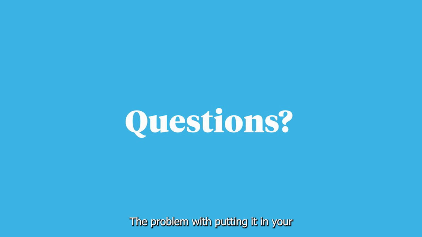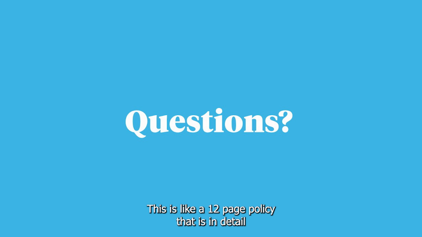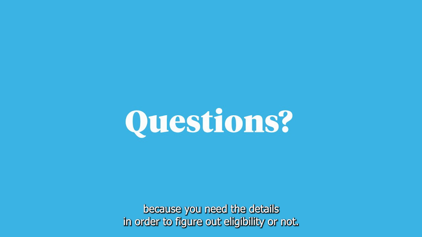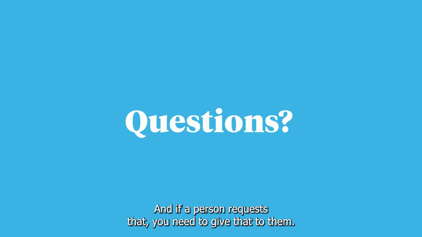The problem with putting it in your handbook is that this is a long policy, like a 12-page policy, in detail, because you need the details to figure out eligibility. And if a person requests it, you need to give that to them.